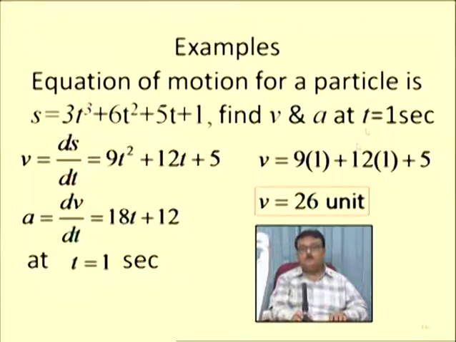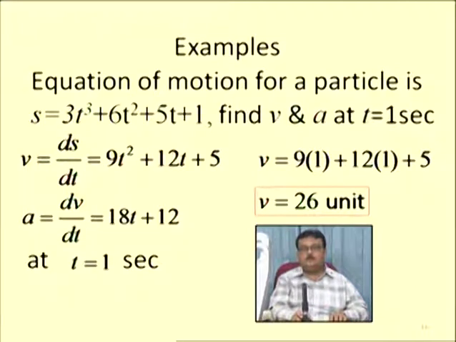So at t is equal to 1 second, the velocity of this particle will be 26 either meter per second or kilometer per second, or centimeter per second, or meter per minute, or meter per hour, or kilometer per hour, whatever it is.